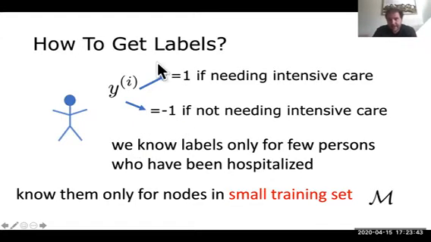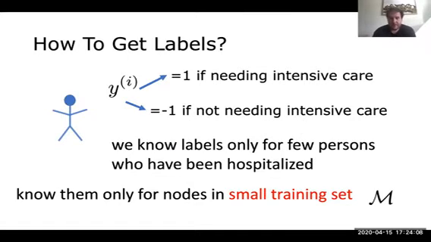And this label information, we typically only know for few persons only. So we only know if a person needs intensive care if he or she actually needed intensive care, and we then know in hindsight that the label was 1, so the person needed intensive care, or the label was -1, didn't need intensive care.